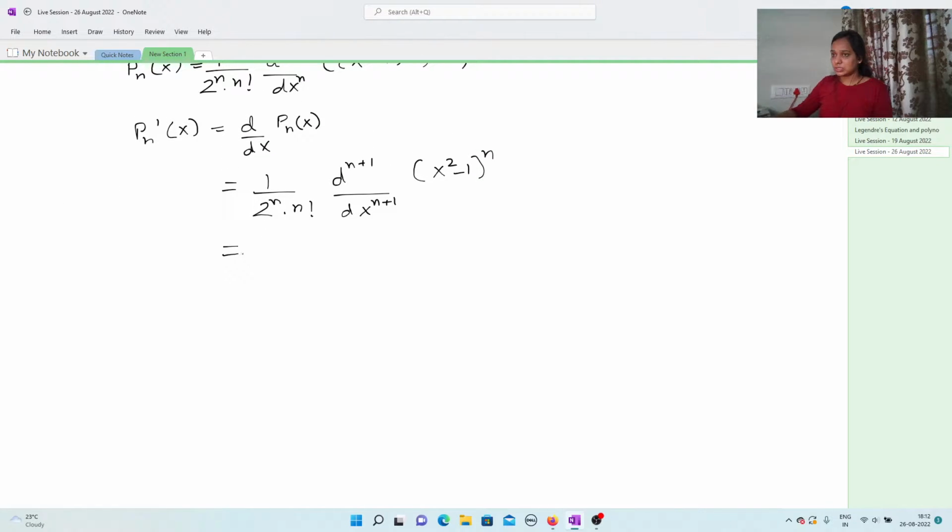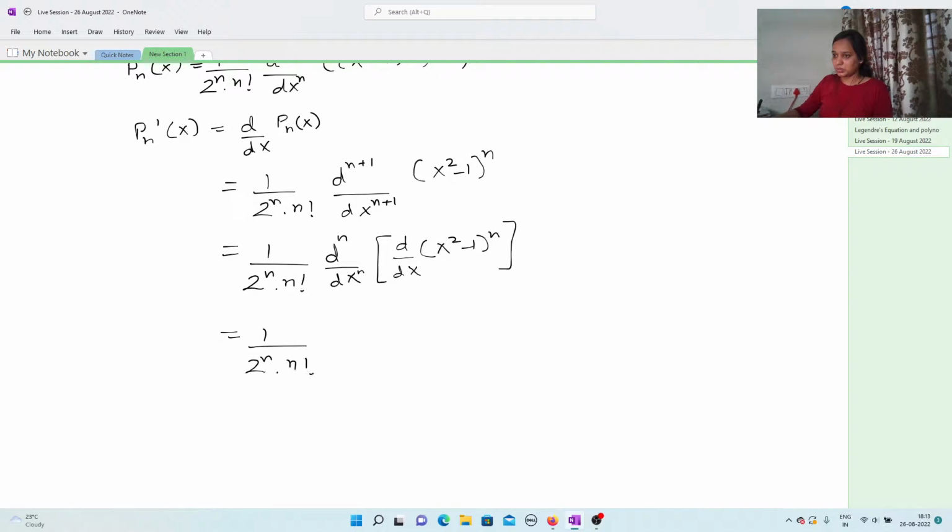Now we can write this as d by dx, so n times the differential of d by dx of (x square minus 1) to the power n. So this becomes 1 over 2 to the power n into n factorial, d to the power n by dx to the power n.